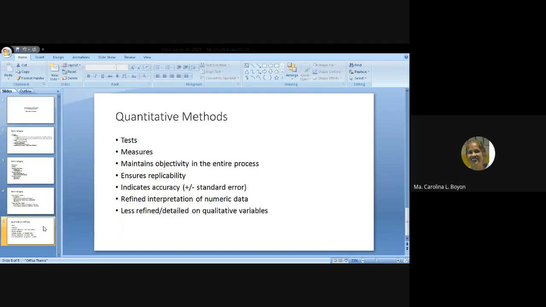Quantitative methods will always maintain objectivity in the entire process. So, an objective view of any component of your research would mean that every step, every little thing that you adopt for your research process will always be evidenced by reasons that are rooted on science. Okay?